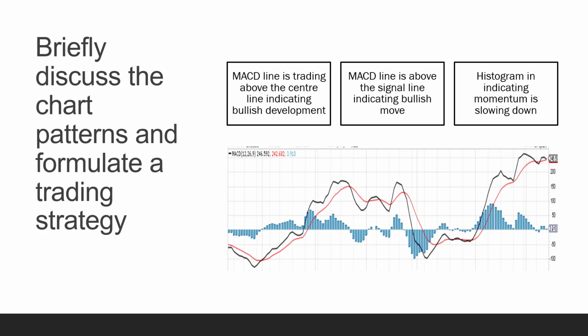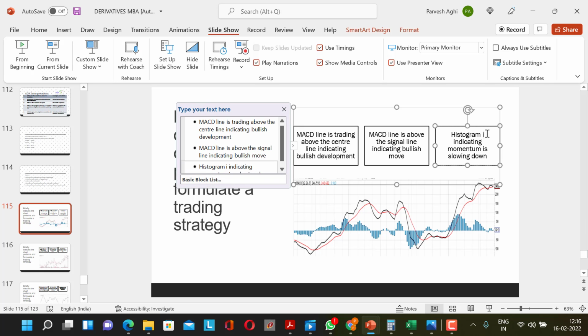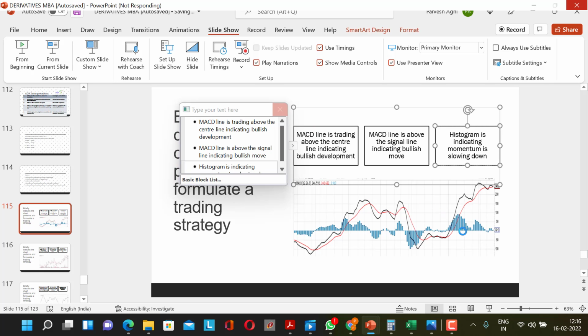Histogram is indicating momentum is slowing down. Histogram is actually indicating, not in. So in this histogram is indicating momentum is slowing down. Because if you look at the histograms, they were very big here. Then the gap was also big between the signal line and the MACD line.